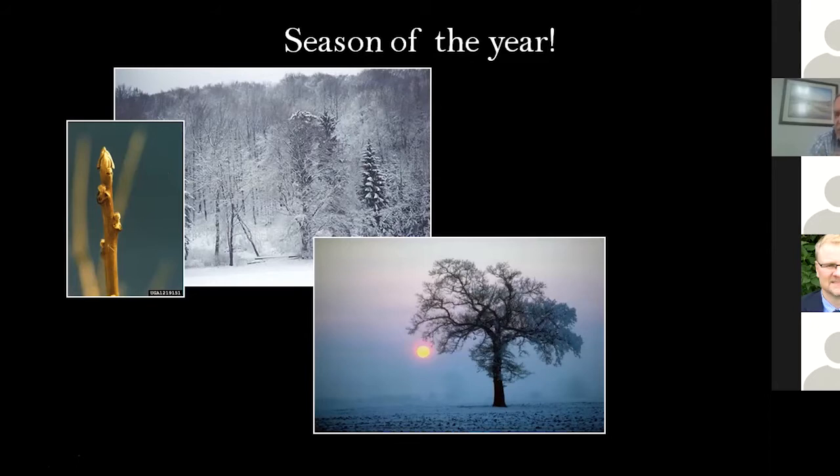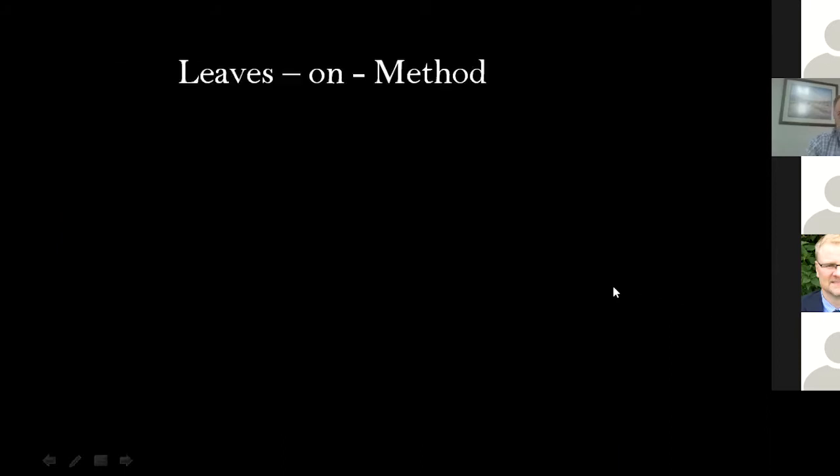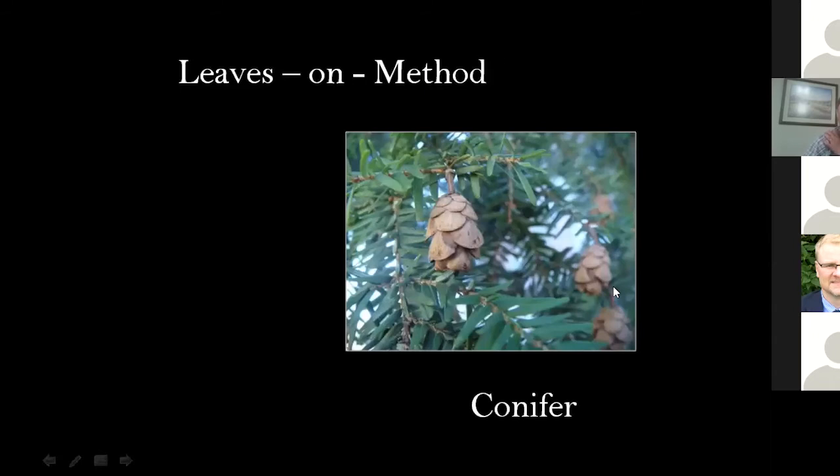It's a lot harder to do it in the wintertime than it is during the summertime, for the obvious reason of these two pictures that I've just entered here. One of them is the leaves that we have on trees. They really add a lot of dimension to identifying. And then also later on, in just a short period of months, we're going to have fruit. So we're going to talk about the leaf-on method here first.